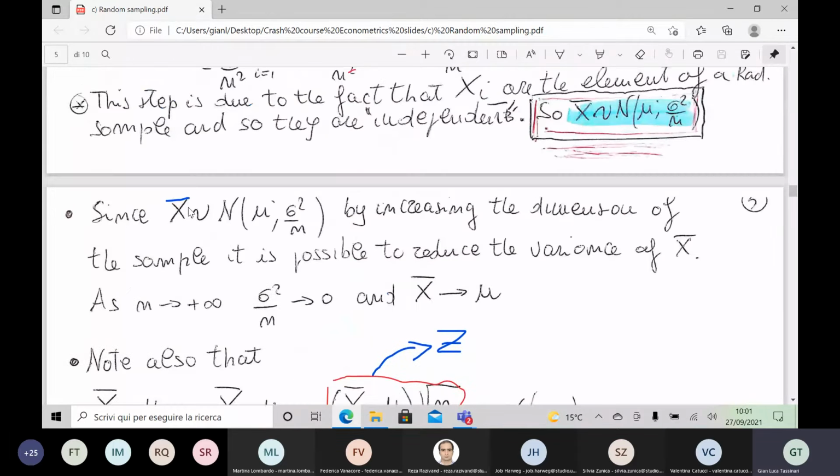Of x bar when n is equal to 1, because if you consider a sample of dimension 1, the sample mean is normal with mean mu and variance sigma square over 1. So you see that the distribution of x bar is perfectly equal to the distribution of x if n is 1.